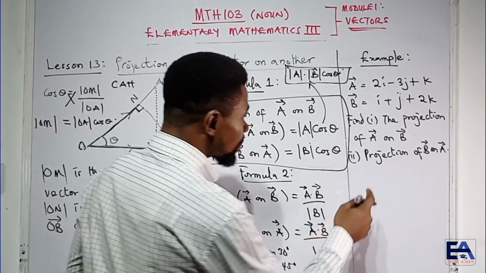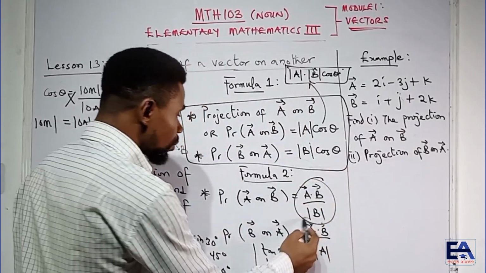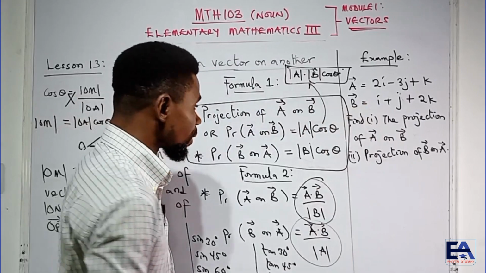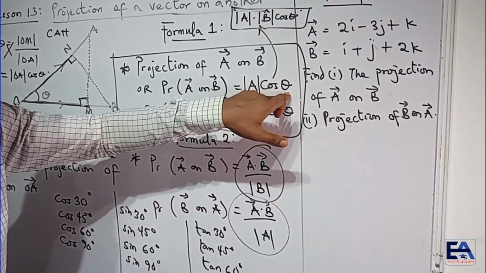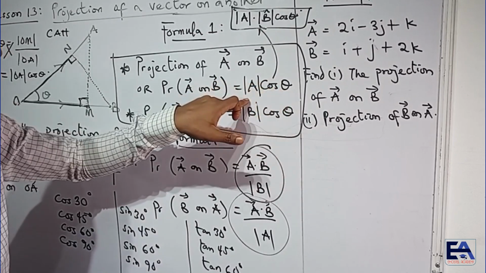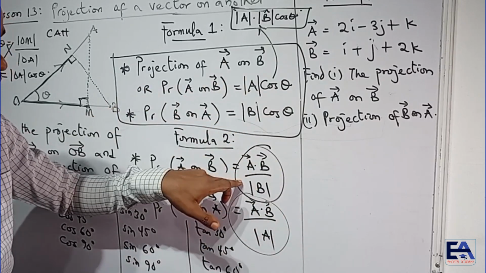This formula is best applied when you are not supplied with the angle between the two vectors, just like the example we have here. If you want to apply the earlier formula, you need to know the angle between the vectors so that you can take the cosine of that angle and multiply by the magnitude of A to get the answer. But that is not applicable here.